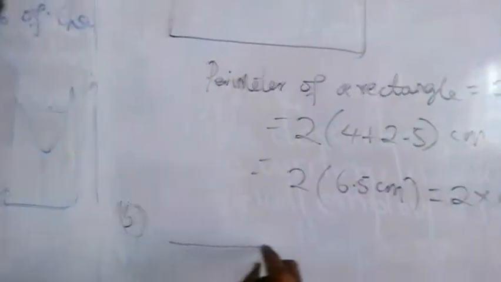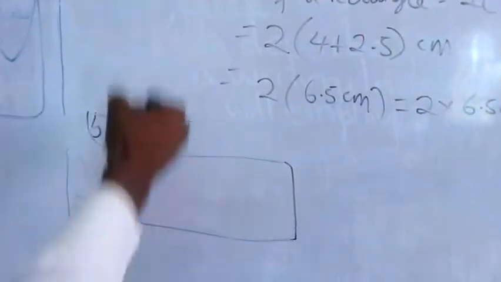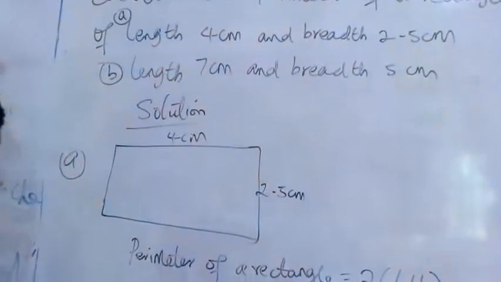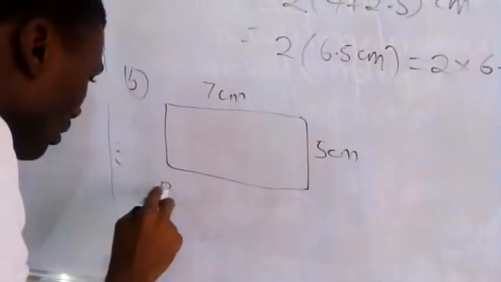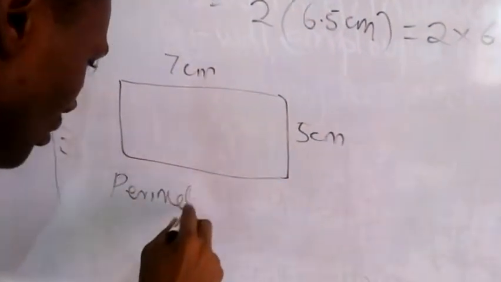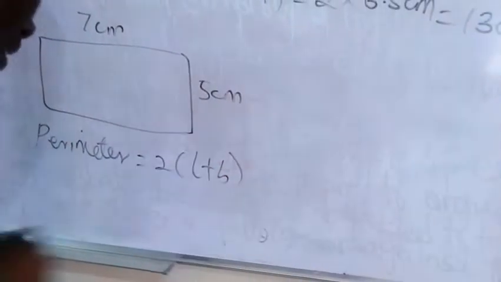For the second, we sketch the rectangle with length 7 cm and breadth 5 cm. So our perimeter is still 2 into bracket length plus breadth, where our length is 7 cm and our breadth is 5 cm.